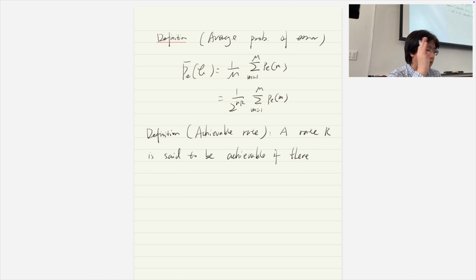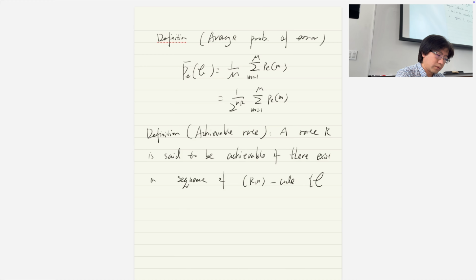So this is the kind of information theoretic language that we need to learn. Okay, there exists a sequence of (2^{nR}, n) codes. We use this notation to denote the sequence of the code.